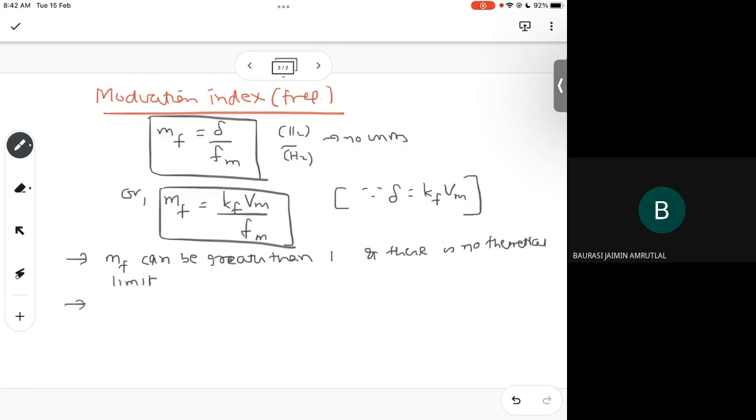Also, we have seen last time that if I increase the amplitude of my message signal, it will result in overmodulation and so on. But here it doesn't happen that way.